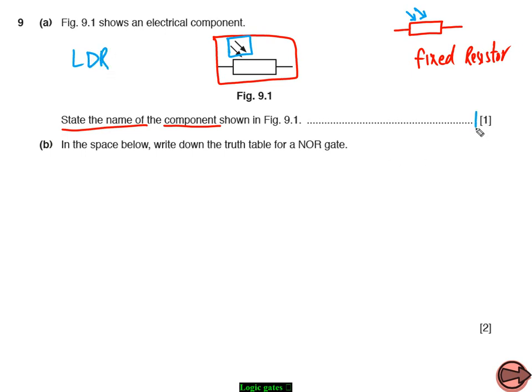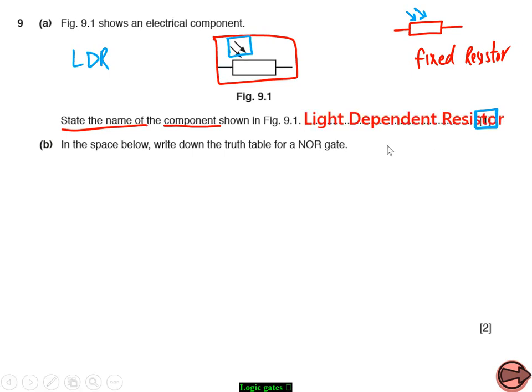This part has only one mark. We simply need to write the name of this component. So here is our final answer: we simply need to write down LDR, or light dependent resistor.